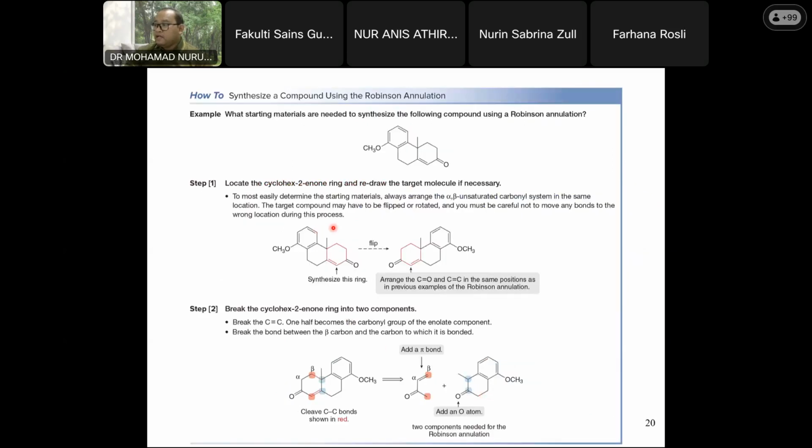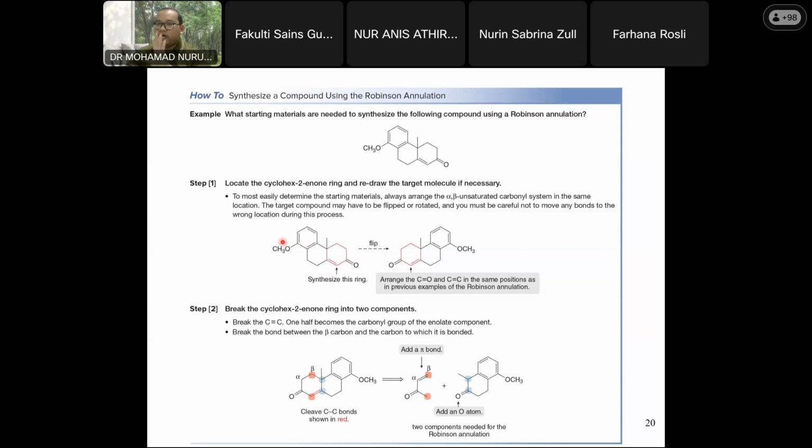The target compound may have to flip or rotate. They have two options: you have to rotate or you have to flip. In this case, you have to flip. And you must be careful not to move any bond to the wrong location during the process. The funny thing is, for students, when you propose some reactions, sometimes you are missing the substitution, for example methyls or methoxides.